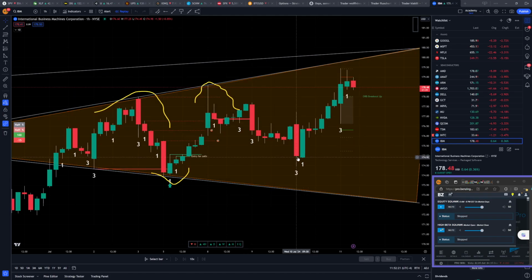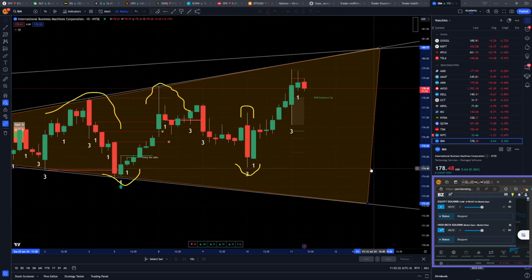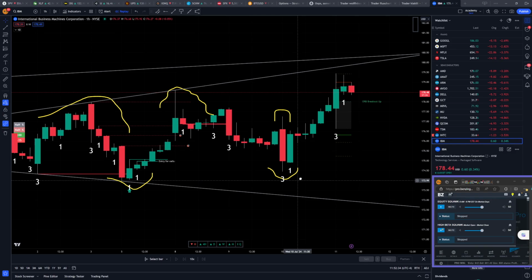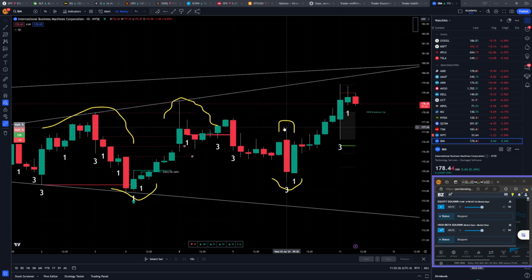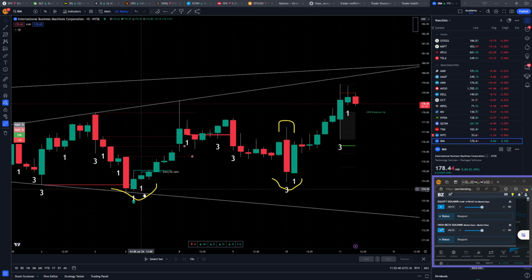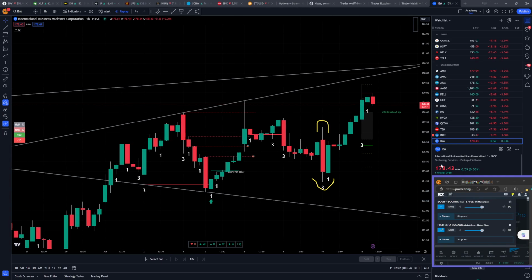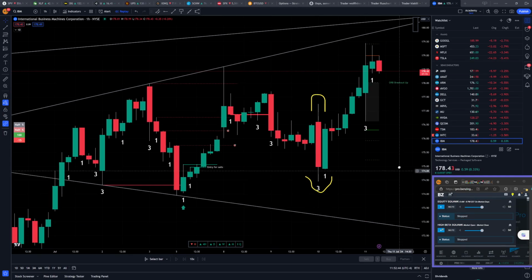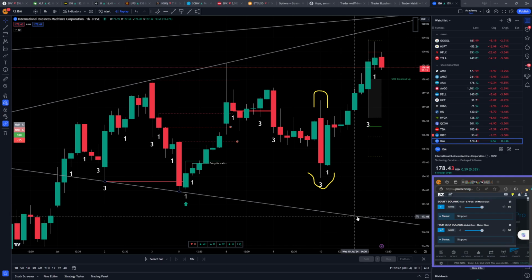Anytime you see a 3, the literal definition of a 3 is a higher high and a lower low. And so in that case, it's all about what's the most recent high of the previous candle that we took out. I'll show you what I mean. So the literal definition is a higher high and a lower low.